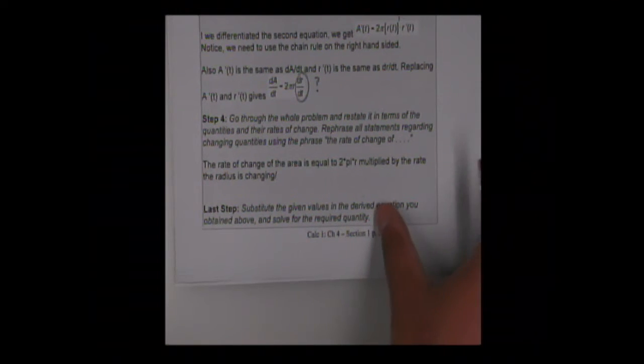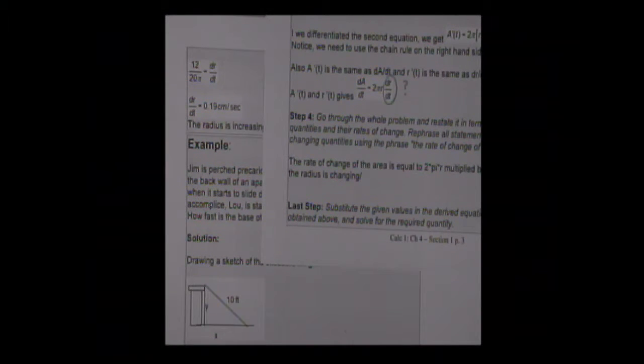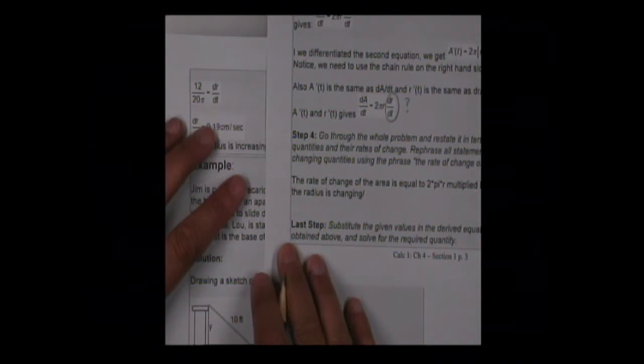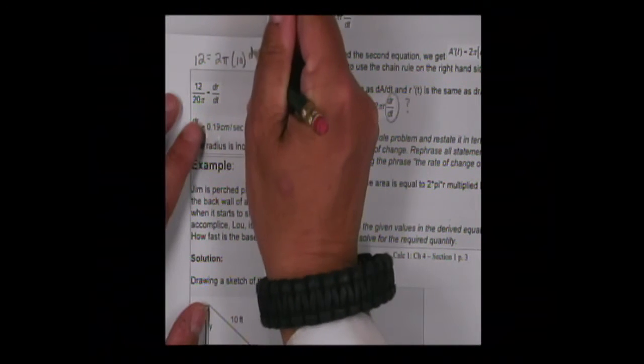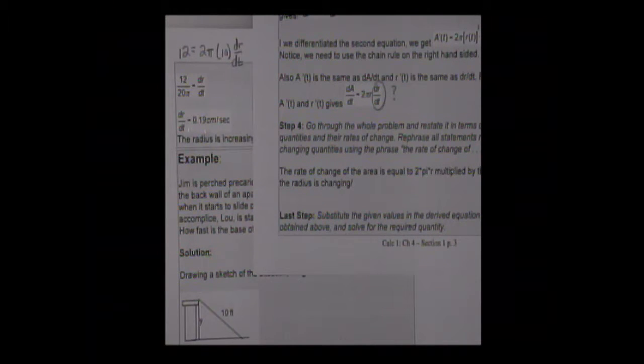And so I wrote kind of the wording, but you'll notice if I do that, what I would get, and I kind of skipped a couple of the steps, so let's just write that down. I knew dA/dt was 12, is 2 pi, r was 10, dr/dt. And there's the 12 divided by 20 pi, or approximately 0.19 centimeters per second.